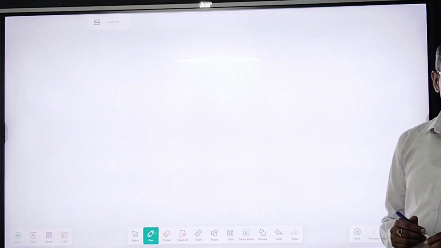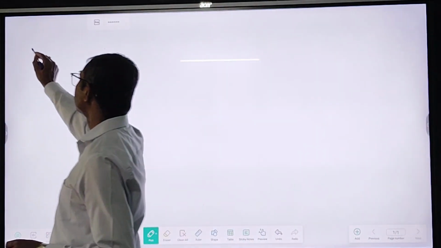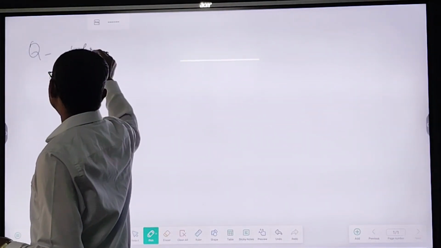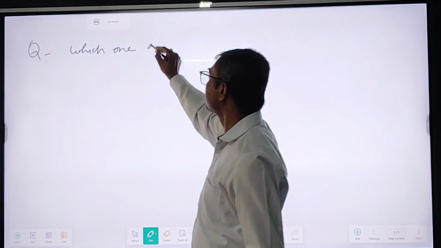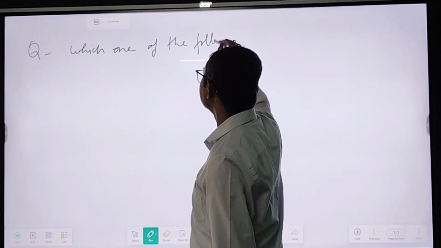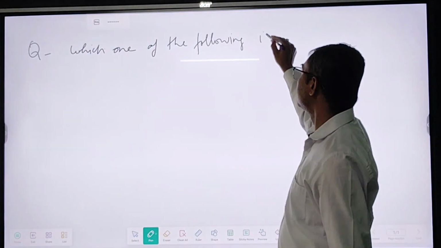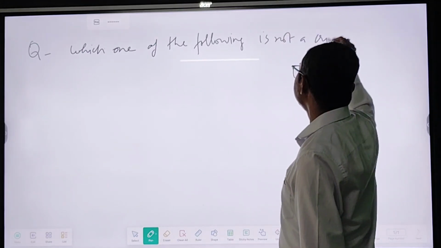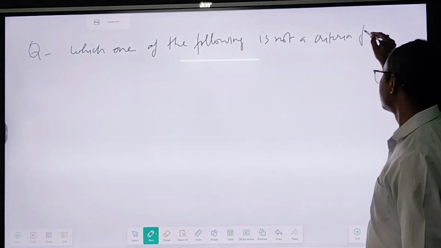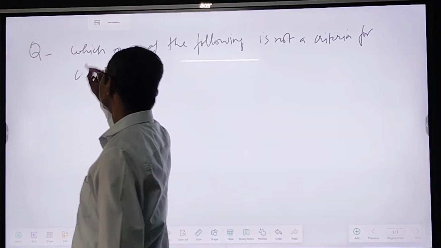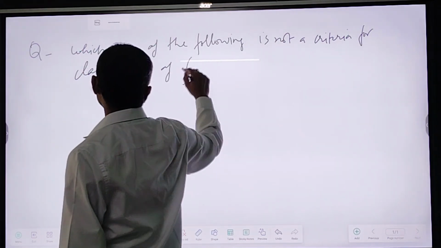The next question is asking, which one of the following is not a criteria for classification of fungi.